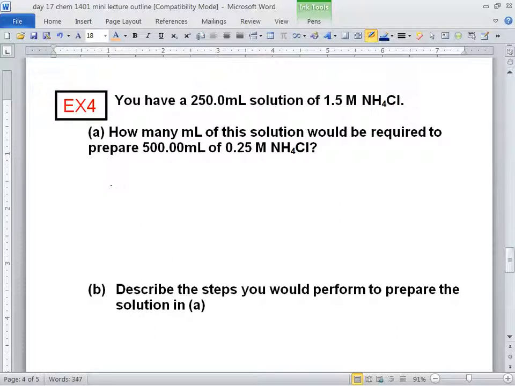EX4, part A. Kendall, part A. The big M? Everybody agree?